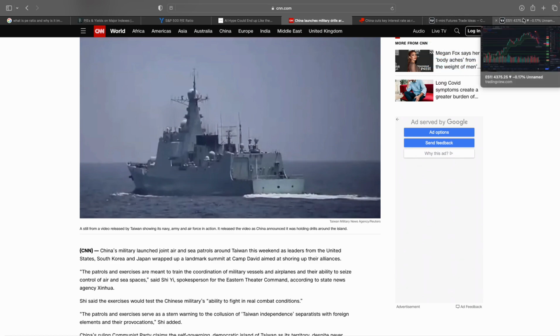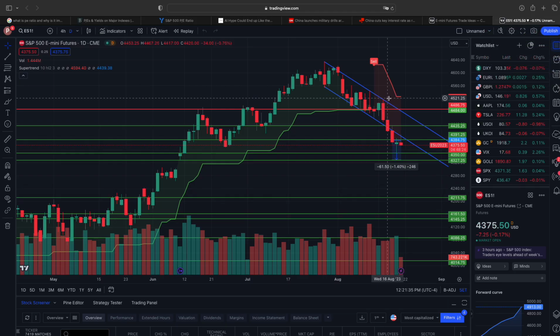Let's take a look at the S&P 500 before we close. You see, we've been in this downtrend. We broke below this trend. We're retesting it. We're finding some sellers right now. I believe we can move down to this lower level, which is 43.50, and then possibly move down to 43.30.